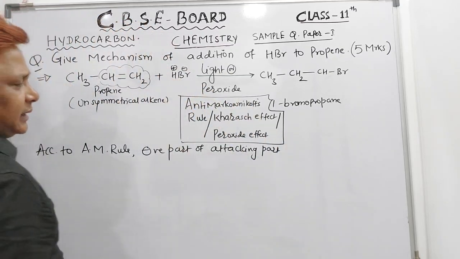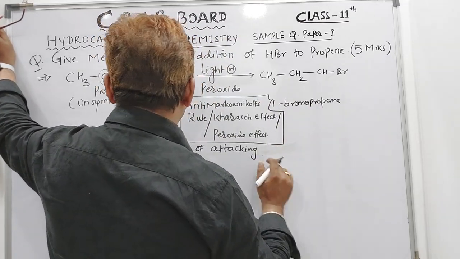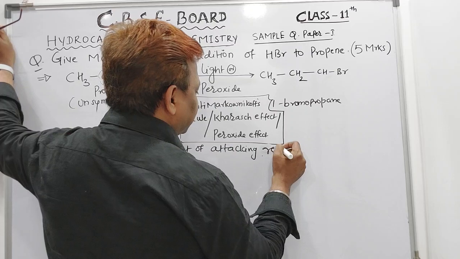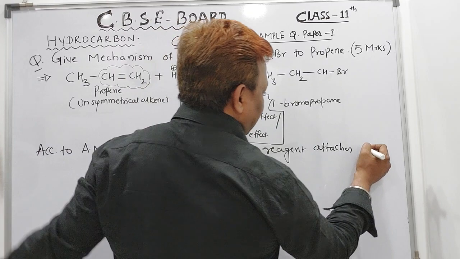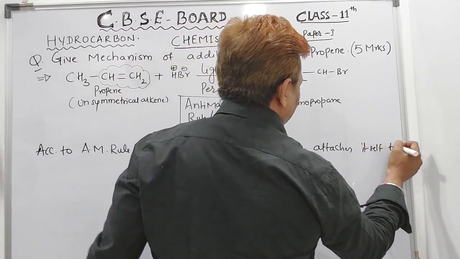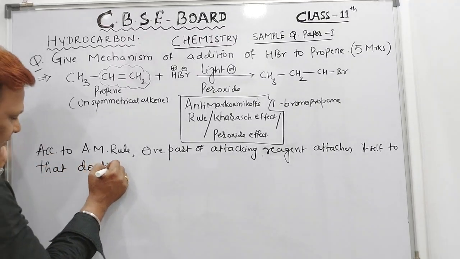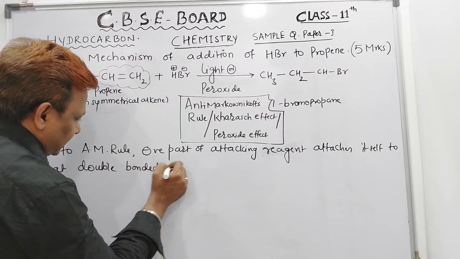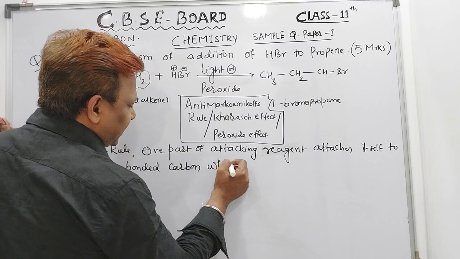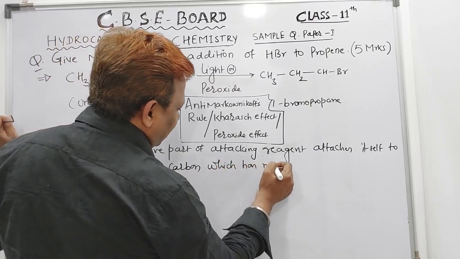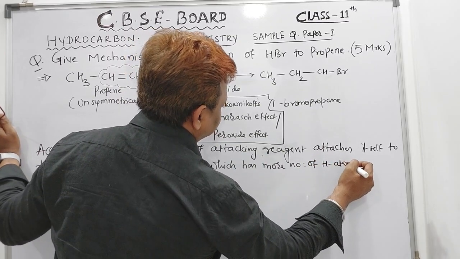The negative part of the attacking reagent attaches itself, see beta, to that double bonded carbon which has more number of hydrogen.